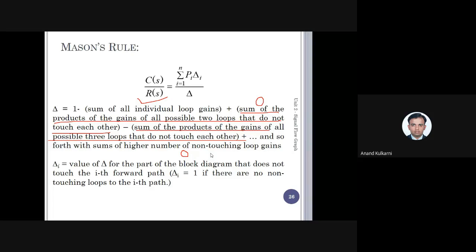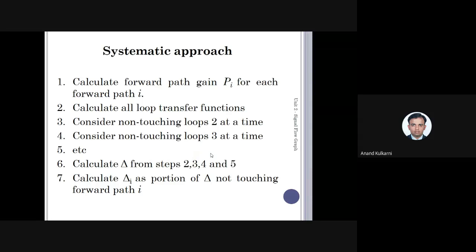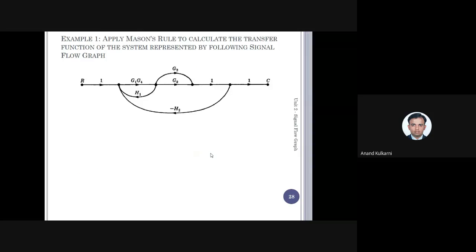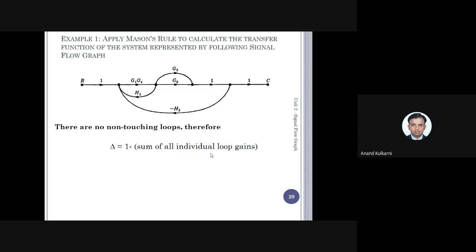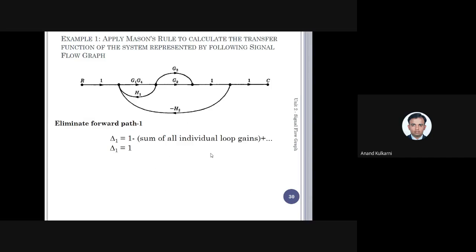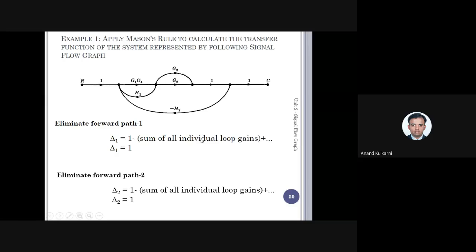It is nothing but the value of that loop which does not touch the forward path. But since all the loops are lying on the forward path, this value of delta 1 is only 1, because there are no loops which are not touching this forward path, and since all the loops lie on this forward path, this value is 0.